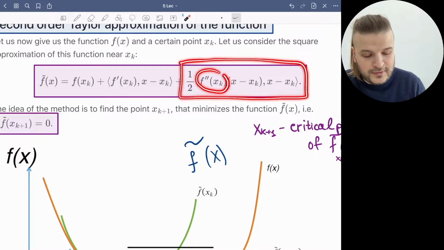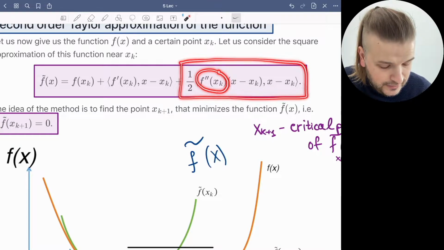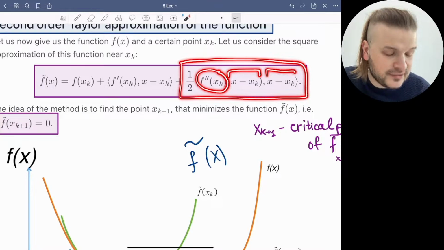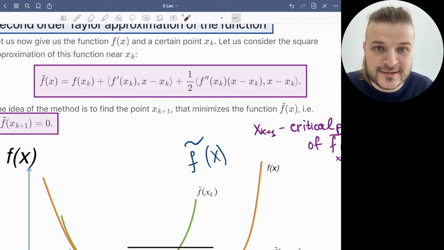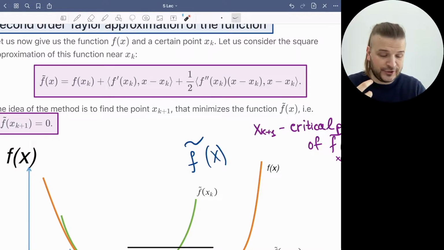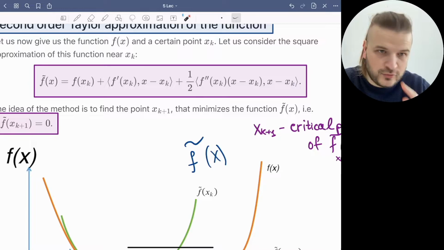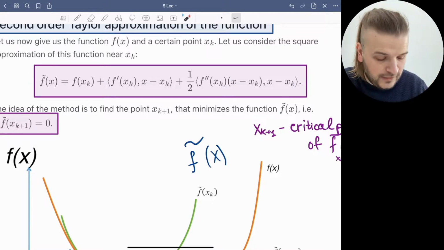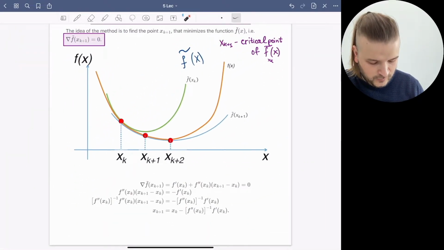Here, this is the second derivative of our function, which is a matrix. This is a vector. This is also a vector. And as far as our Hessian is symmetric by definition, by construction of the Hessian matrix, this means that the derivative of our quadratic term here will be the following.